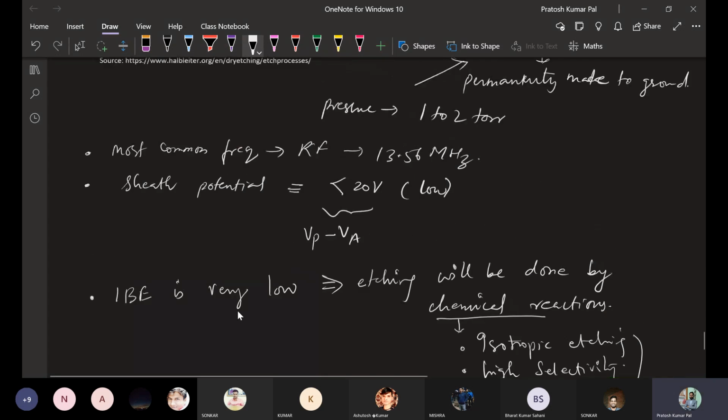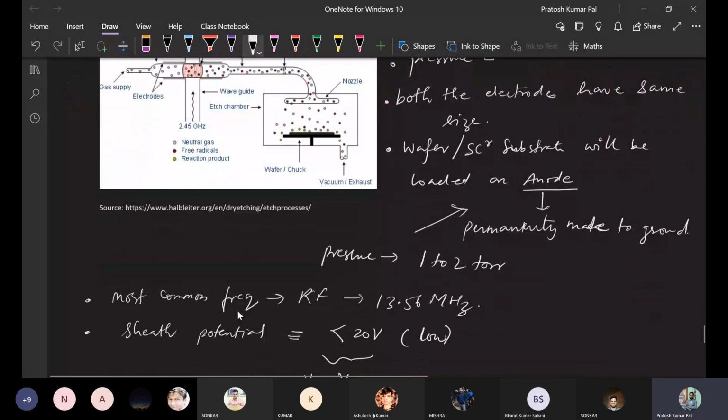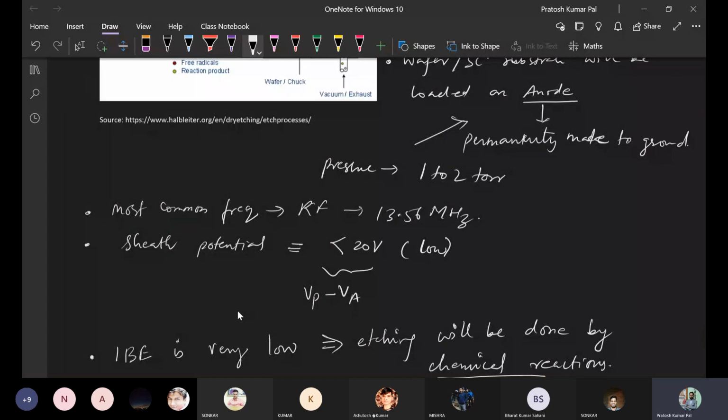This plasma type of etching is a single zone type of system. It is a single zone type of system.